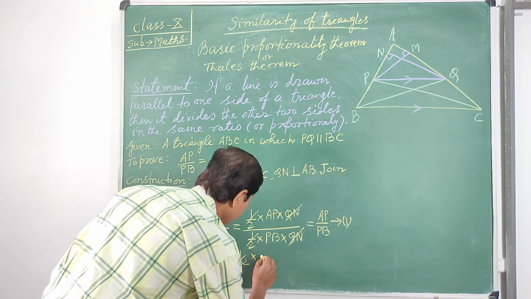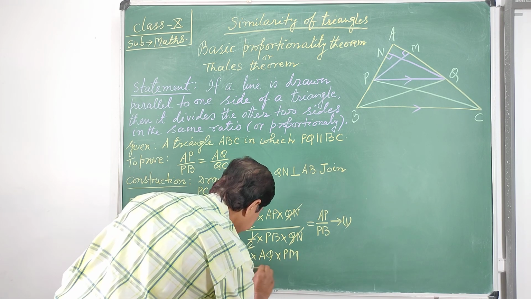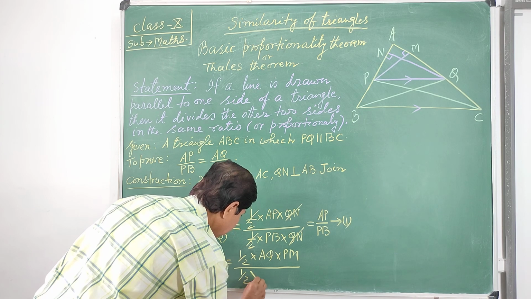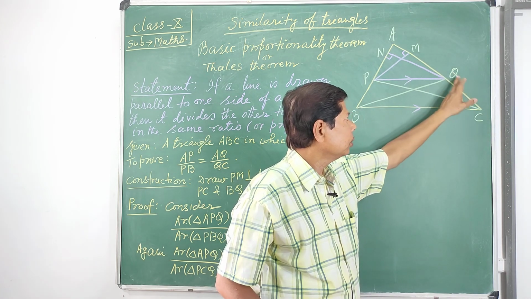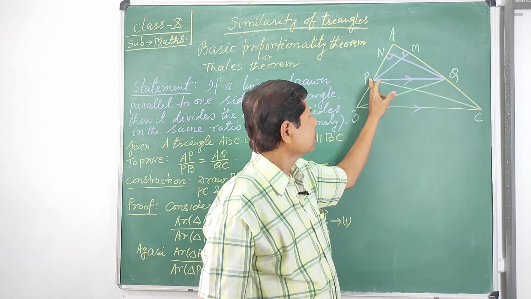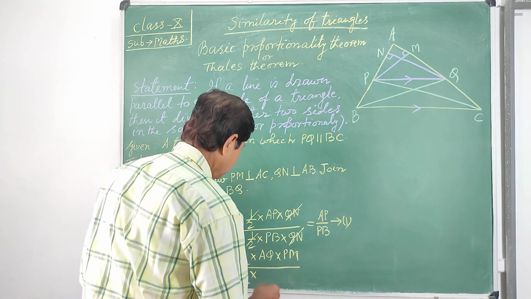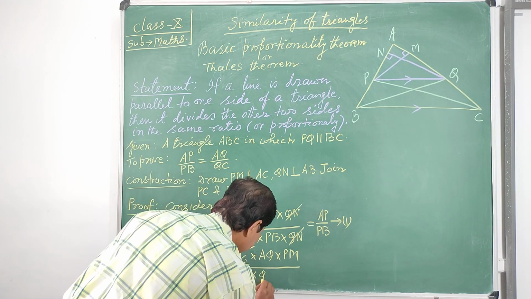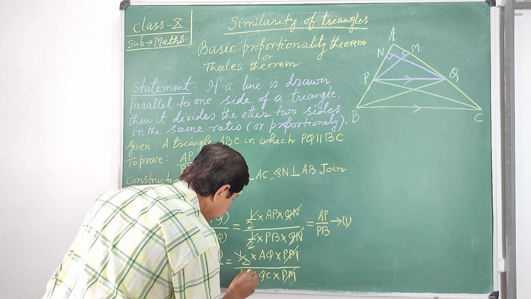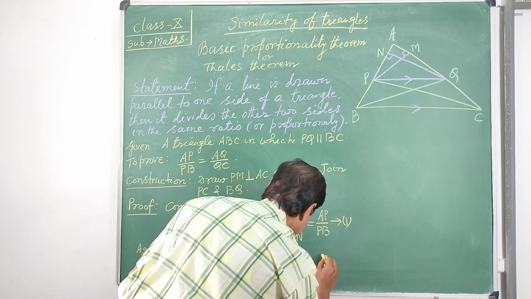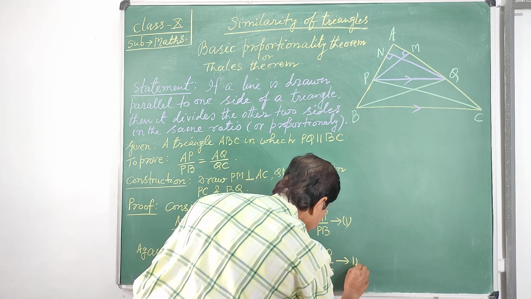So half into AQ into PM by half into QC into PM. If you take QC as the base, then the opposite vertex is P, so PM is the perpendicular on the produced CQ. So PM gets cancelled, half gets cancelled, and that is equal to AQ by QC. This is equation number 2.